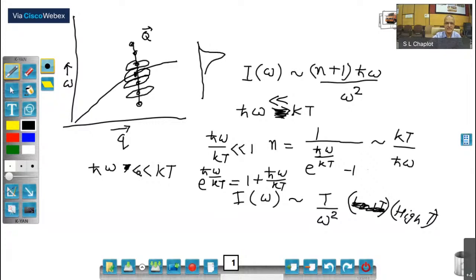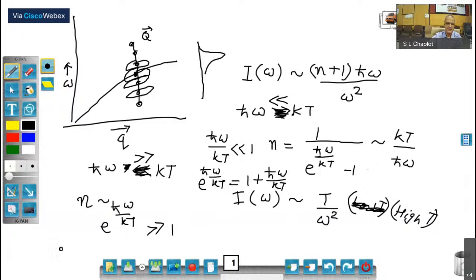Now, at high temperature you have 1 over omega squared. For low temperature, when temperature is much smaller than h cross omega, omega is large, and therefore e to the power h cross omega upon kT is much greater than 1, so I can ignore the minus 1.